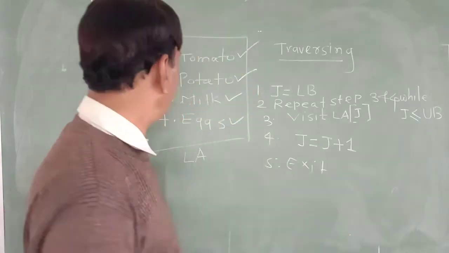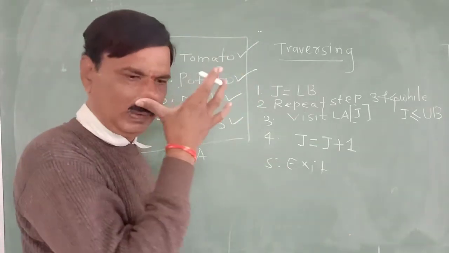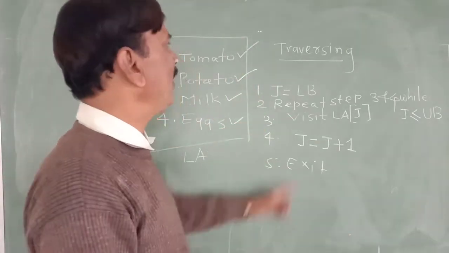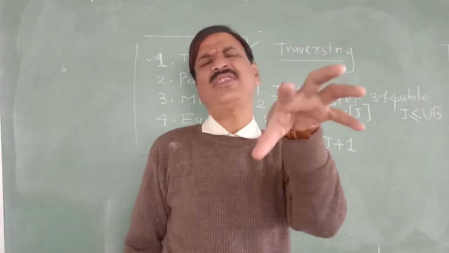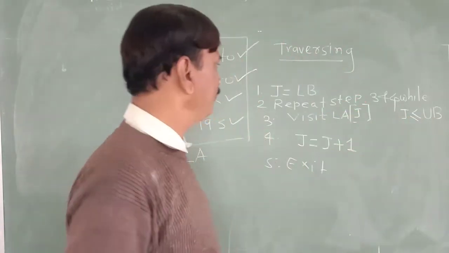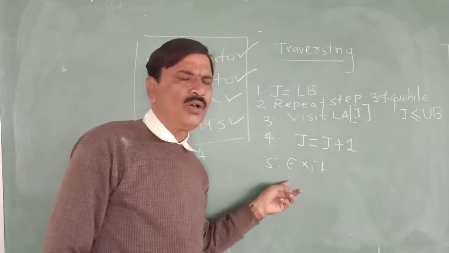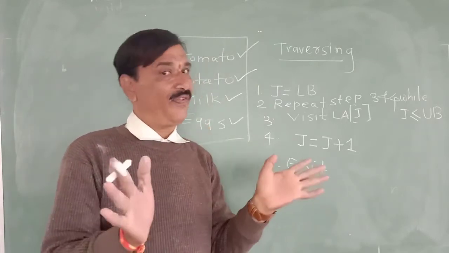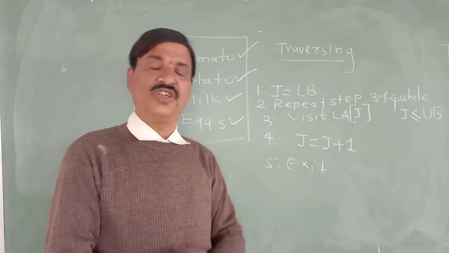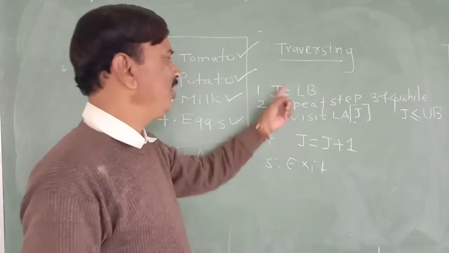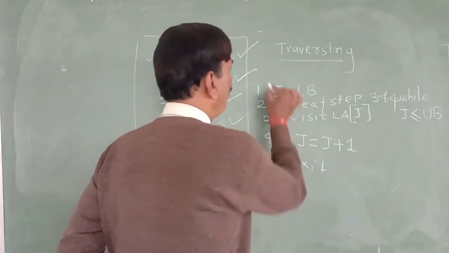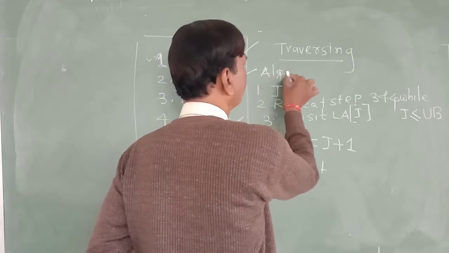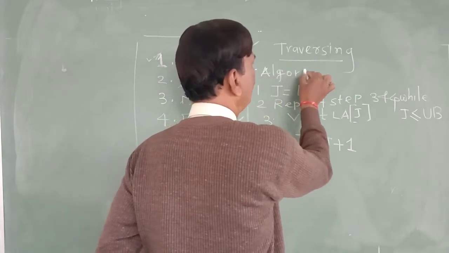So what have we done? We had been given a list. Also we have been given one task, that is the operation traversing. What have we done? We have written the steps. How? Well-defined, simple instructions. This is called an algorithm.